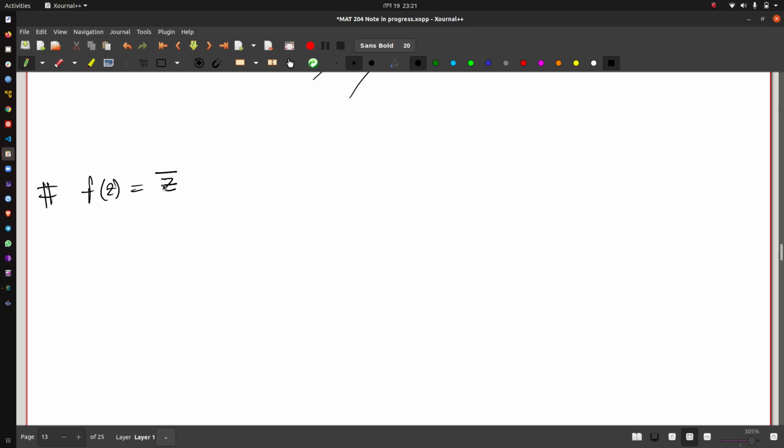Let's try to compute a derivative, and we want to see whether the derivative actually exists at some point. Here this del z means z minus z naught, where z naught is arbitrary.